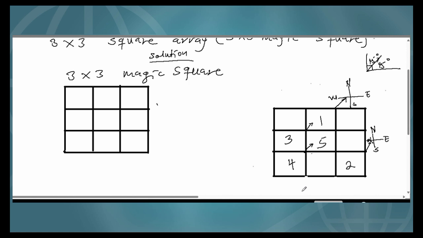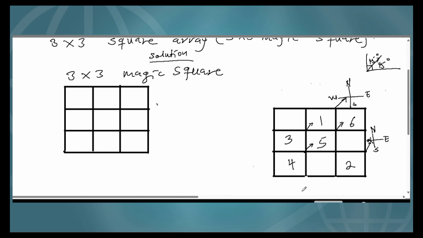Now considering this square, the right upper corner of this 5 is here, and the rule of 45 degrees, if I try to control it, it is already in a square, and this square has no entry. So from the 5 I'm going to write the next input, which is 6, right?